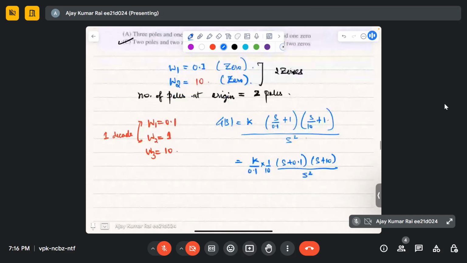Okay, so it will be K into (s plus 0.1)(s plus 10) by s square. This is the transfer function.